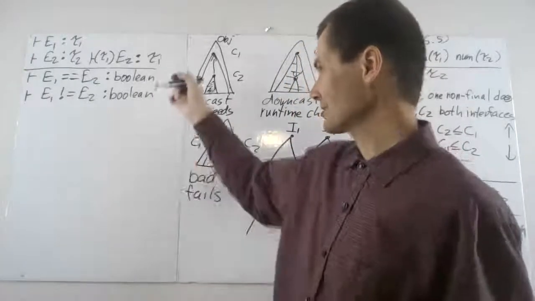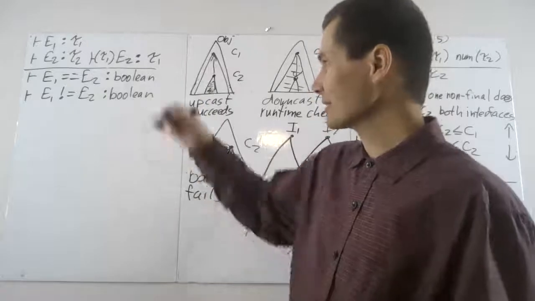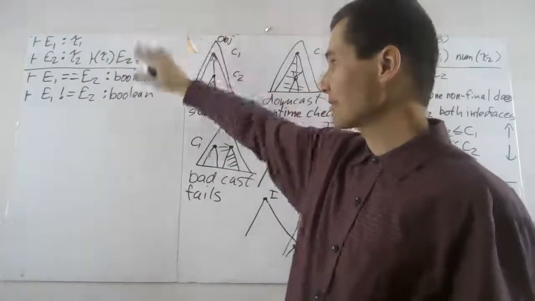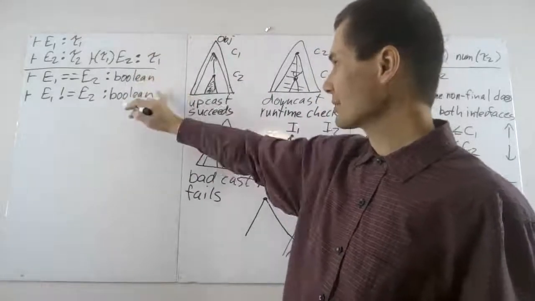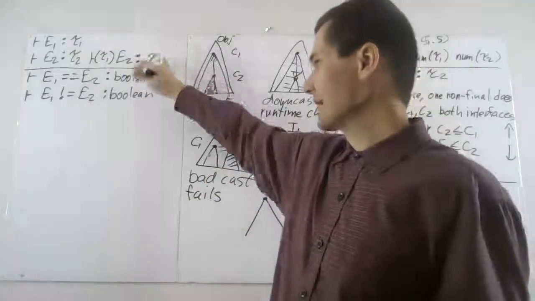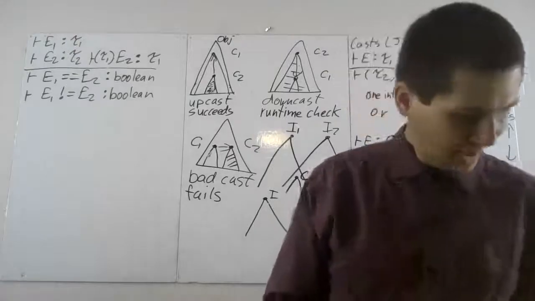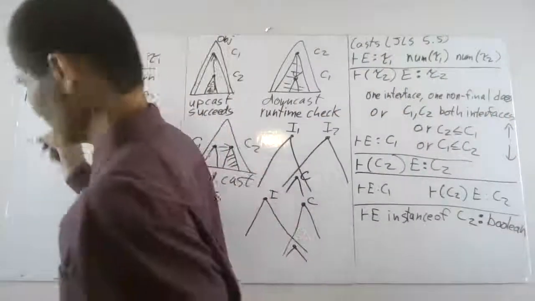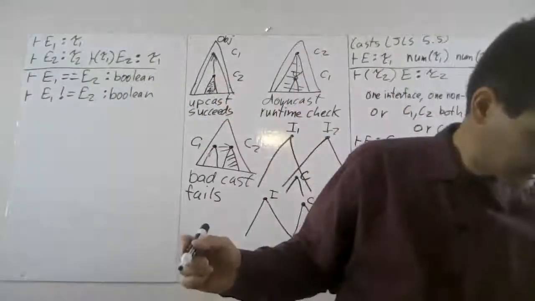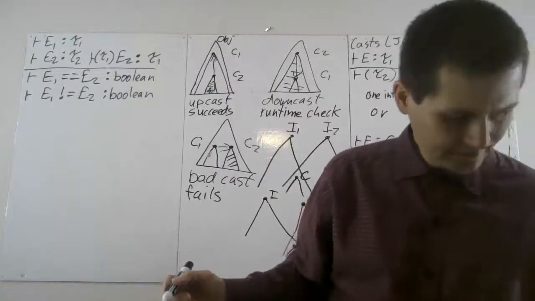That just means, if I wanted to write things out in full, I would have two rules, one with this conclusion, one with this conclusion, but they have the same premises. Okay, so that is comparisons.